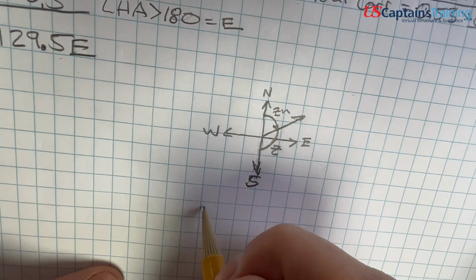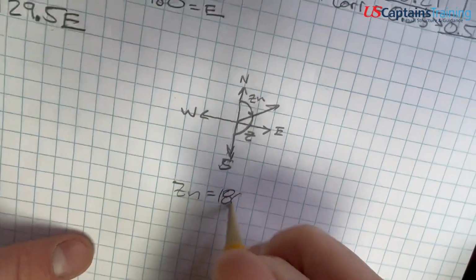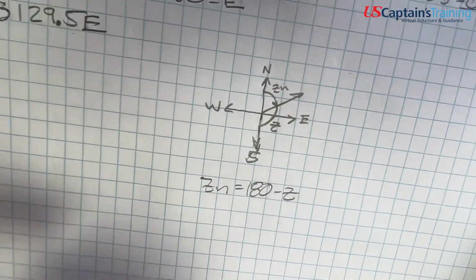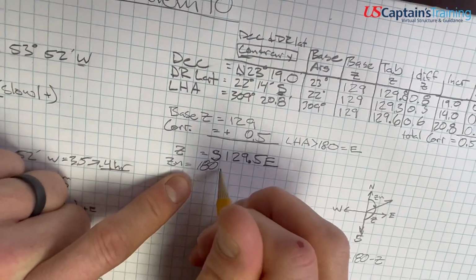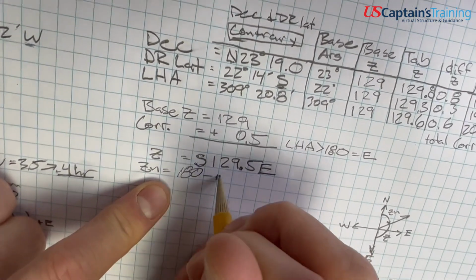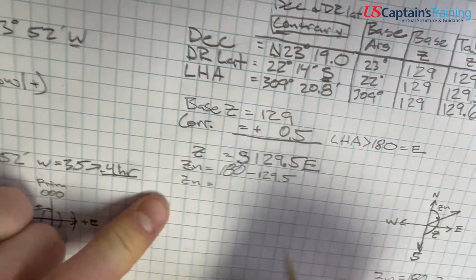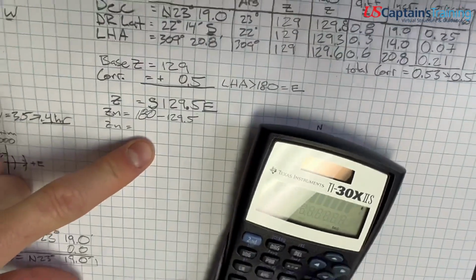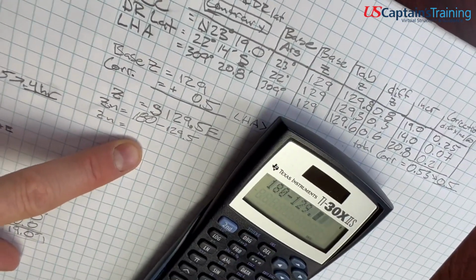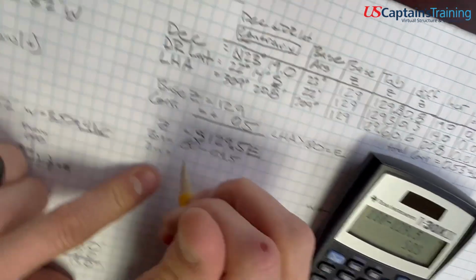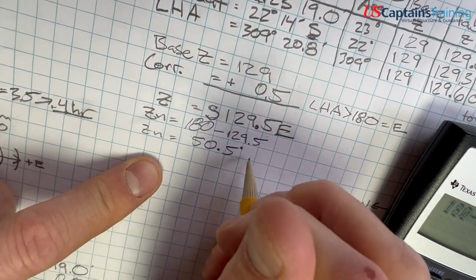So Zn is equal to 180 minus Z, which is 180 minus 129.5 equals 50.5. Zn is equal to 50.5 degrees.